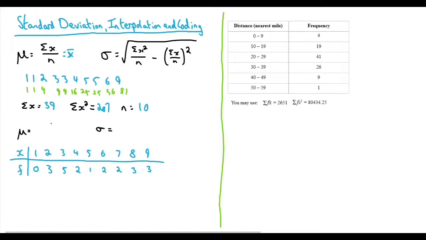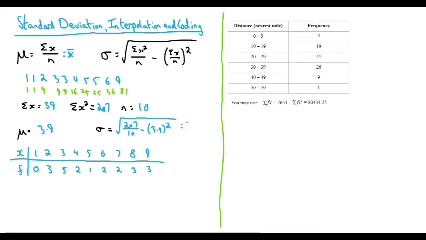So to plug these into our formulas from above, the sum of x over n, the sum of x was your 39, divide that by your n of 10, well that will just leave you with a mean of 3.9. As for your standard deviation, we're probably going to want to write out the whole formula here. So we'll have that 207 divided by your n of 10, then minus the 3.9 squared.